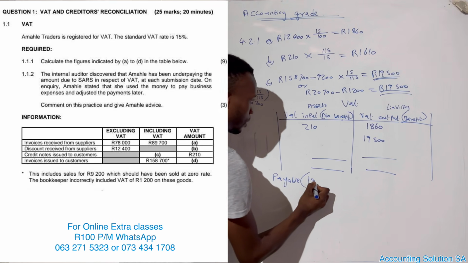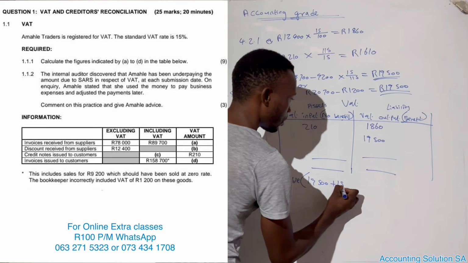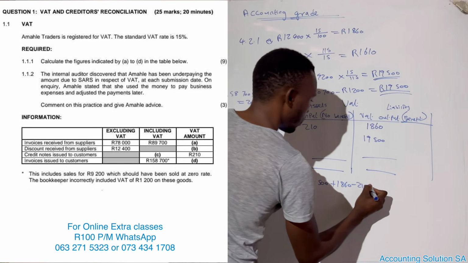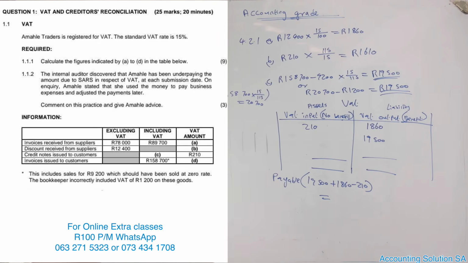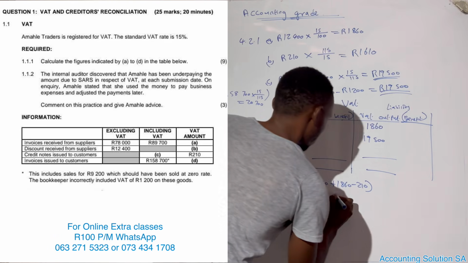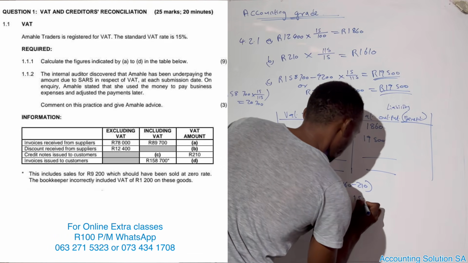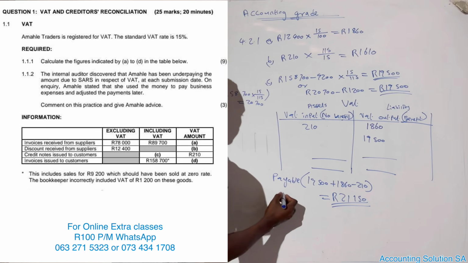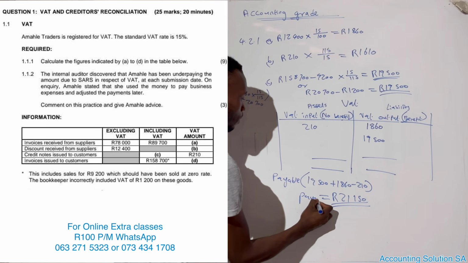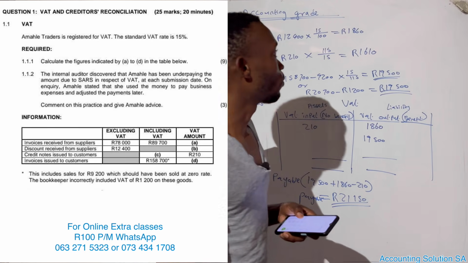You can just simply say 19,500 plus 1,860 minus 210, which is going to give you how much? 19,500 plus 1,860 minus 210. It's going to give you 21,150. Very simple. This is payable. That's how simple it is, guys, to do VAT.